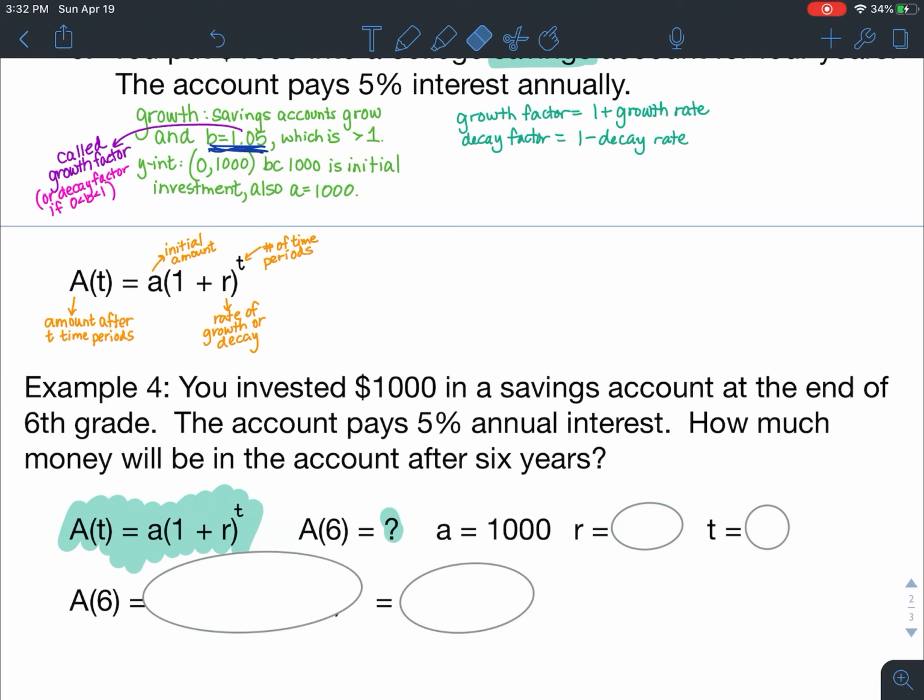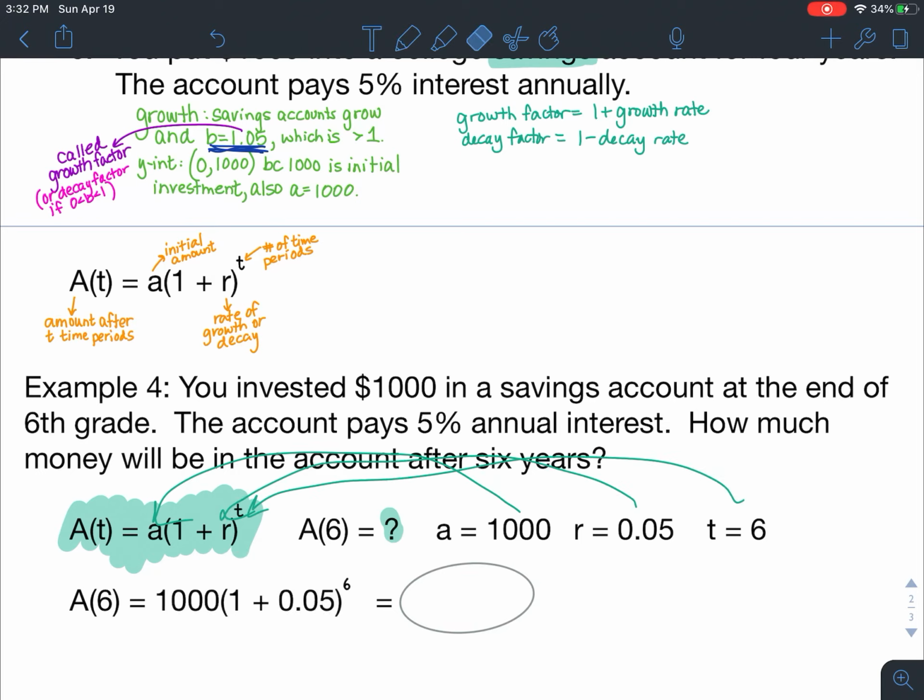The rate, that's the 5%, but you have to write it as a decimal, so that would be 0.05. And t is the number of time periods, or in this case, years, so that would be 6 years. So we're going to take all of these numbers and we're going to plug them into our equation. Like so.